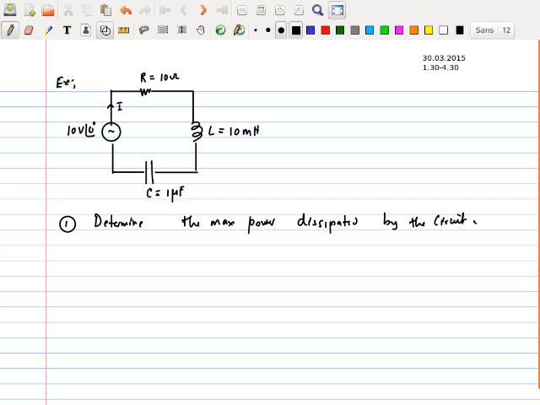We also understand there was a graph that we drew last time, where this axis was the frequency and that axis was the power that is going to be dissipated, and I said that the maximum happens at omega star, where omega star was 1 over root LC, and that was the maximum signal power that is going to be dissipated by the circuit.